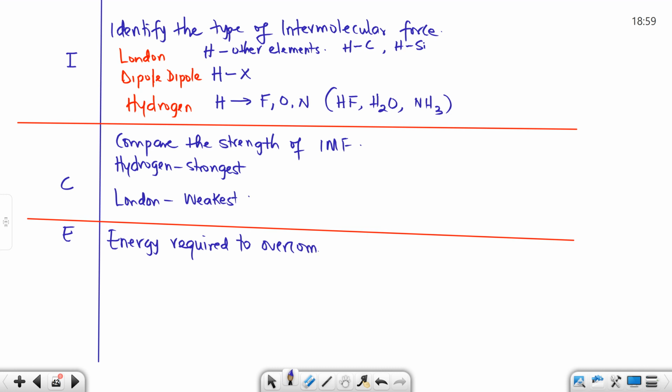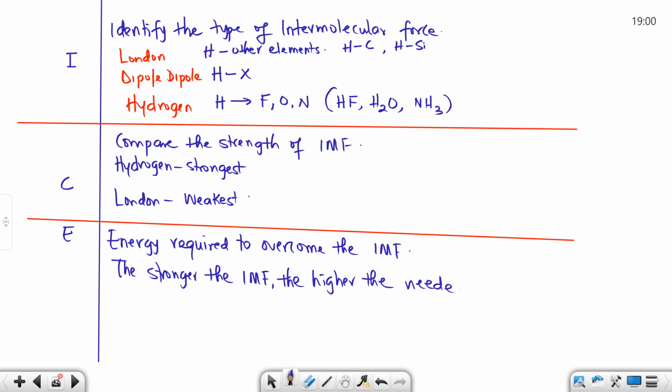To overcome the intermolecular force. The stronger the intermolecular force, the higher the energy needed. So much energy is then needed.